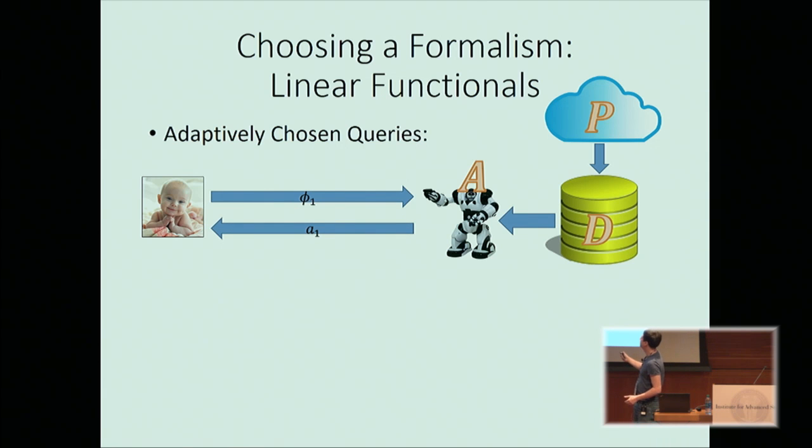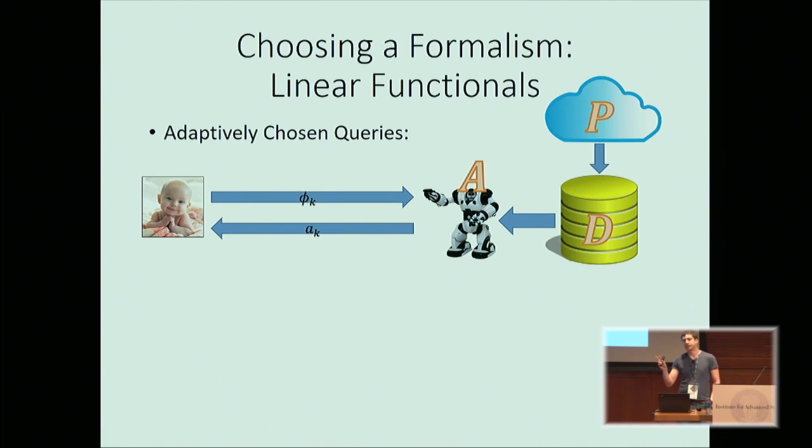The analyst will pose the first query, and then he will receive an answer from the statistical estimator. As a function of that answer, he will decide on a second query to ask. And again, he'll receive an answer. This will continue on and on until he's finally asked k queries, where the identity of each query asked is allowed to be a function of the answers of all queries previously asked. That's what I mean by adaptive.